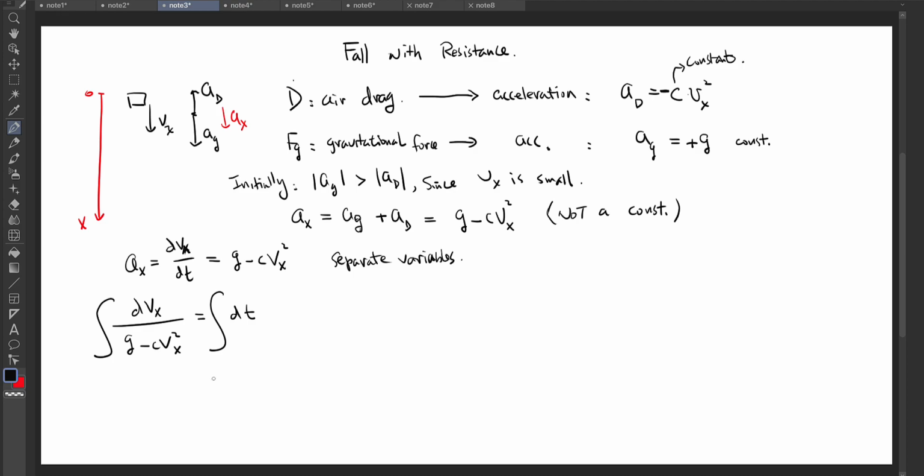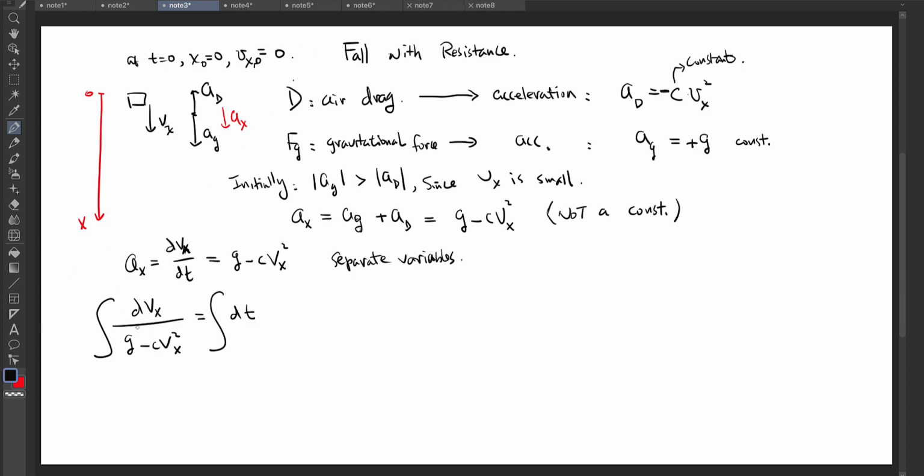The integration bound depends on the initial condition. So let's say we have a free fall here. Let's start from zero velocity. So at t equals 0 seconds, the object is at the origin, and x naught here equals 0.